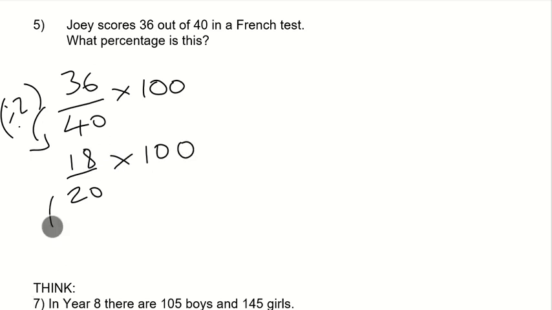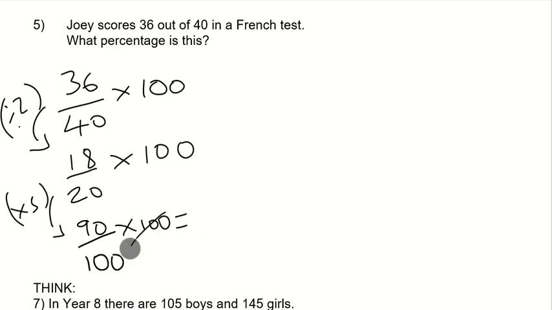I could then multiply that by 5 to get a denominator of 100. 18 times by 5 would give me 90, and the divide by 100 and multiply by 100 cancel each other out, which would give me an answer of 90%.